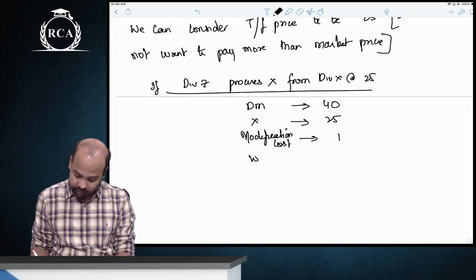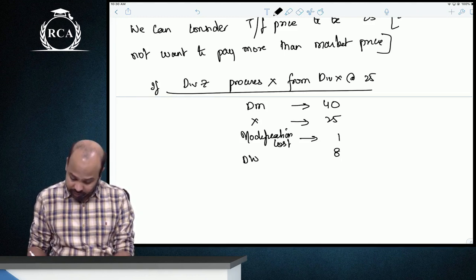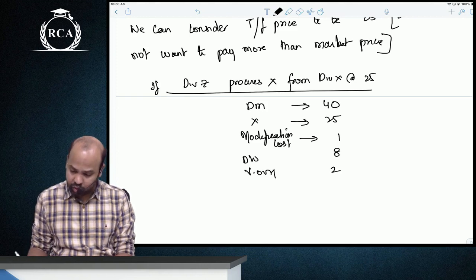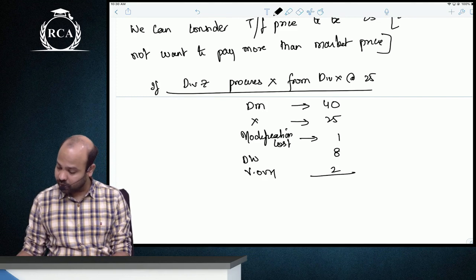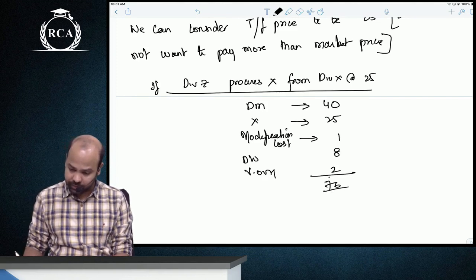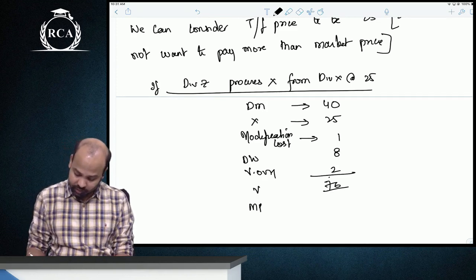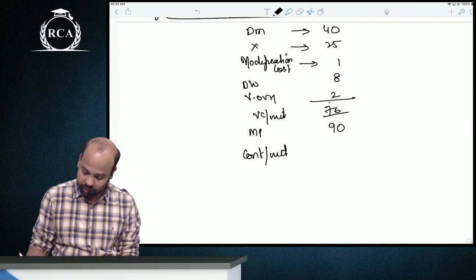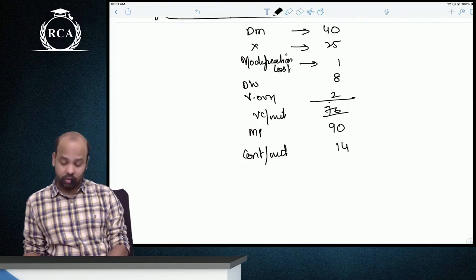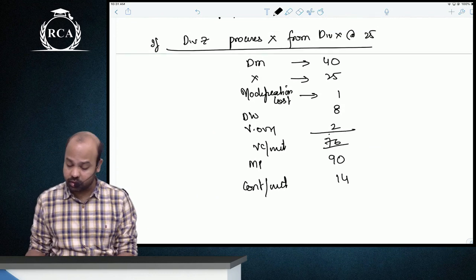Direct wages is 8 rupees. Variable overheads is 2 rupees. All put together, 40, 25, 1, 8 and 2, it would be 76 rupees. This is the variable cost per unit. Their market price is 90 rupees. Contribution per unit is 14 rupees. Understood?